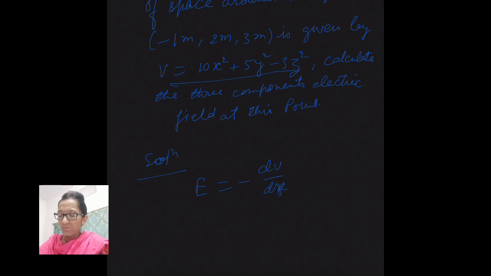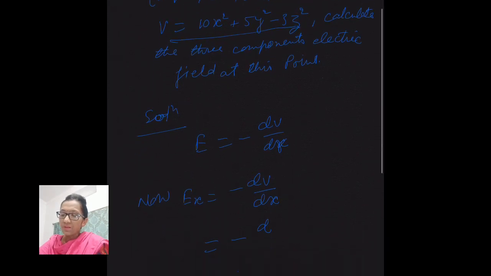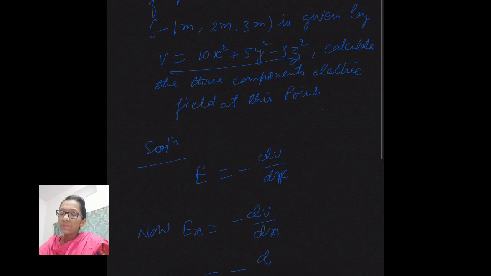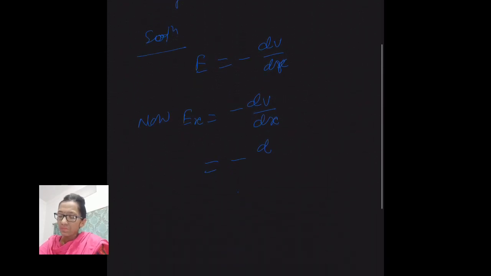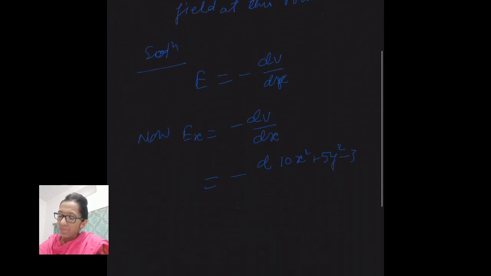Electric field is equal to minus dV upon dr. Now the electric field along the x-axis will be equal to minus dV upon dx only, and this is equal to minus d, and V is given here: 10x square plus 5y square minus 3z square.